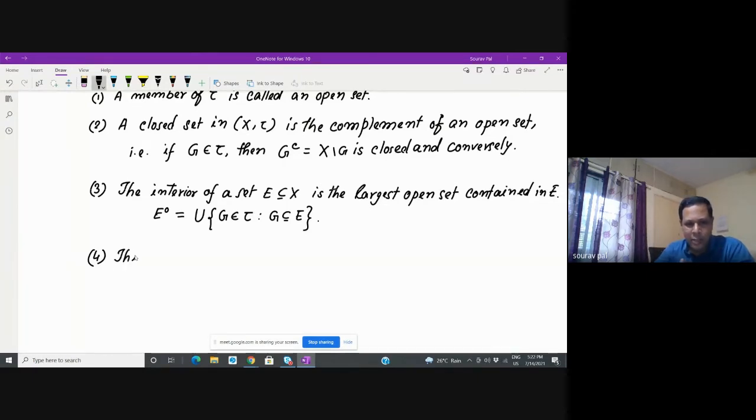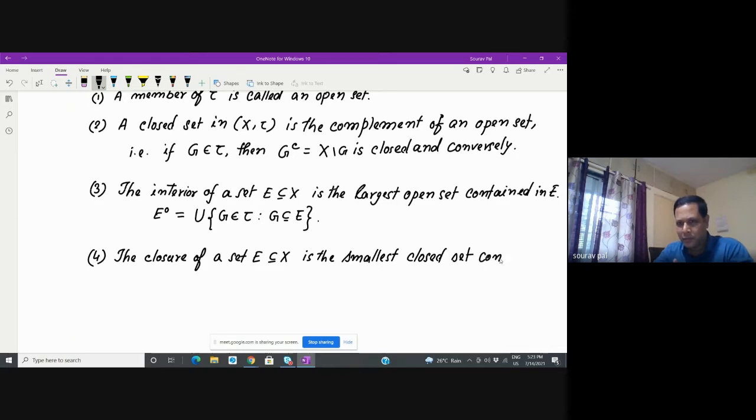The closure of a set E is the smallest closed set containing E. See the difference.